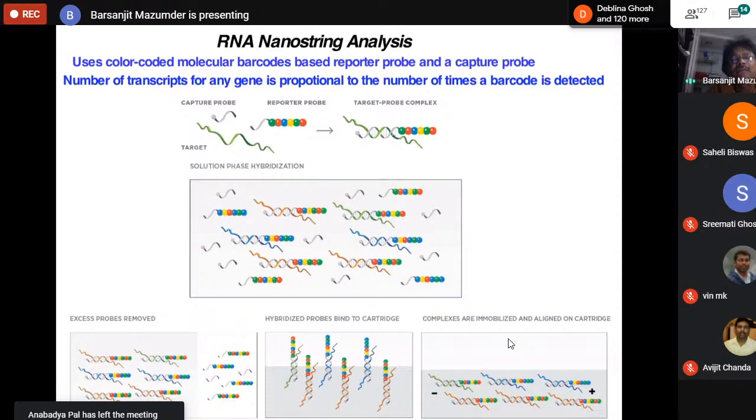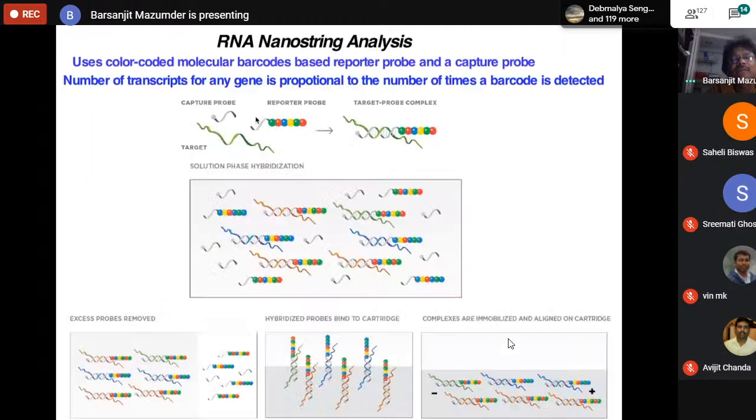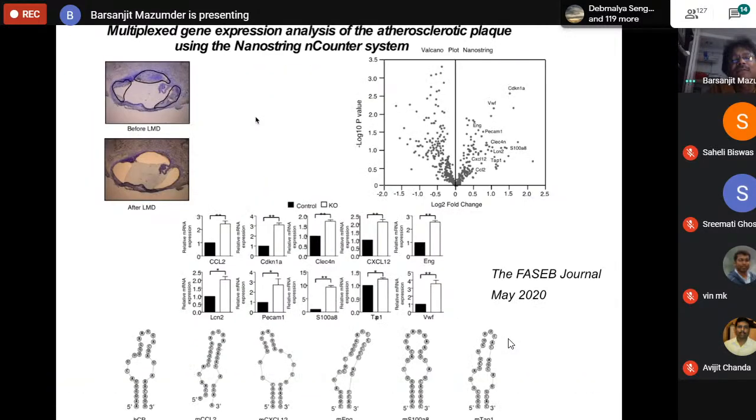So we used these inflammatory probes to probe the RNA isolated from this plaque, and this is the final data, recently published in FASEB. We can see many inflammatory genes with more than one or two log-fold expression. This is the volcano plot of a group of inflammatory genes that are upregulated in this plaque.